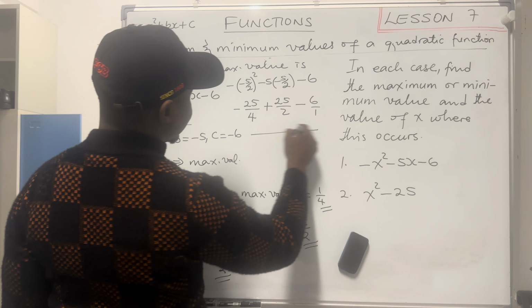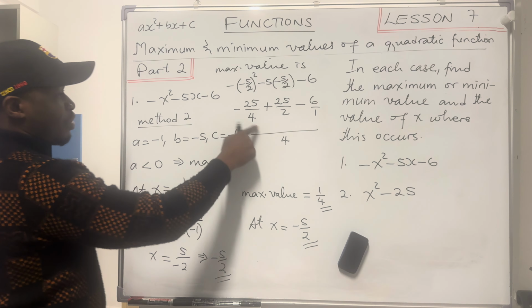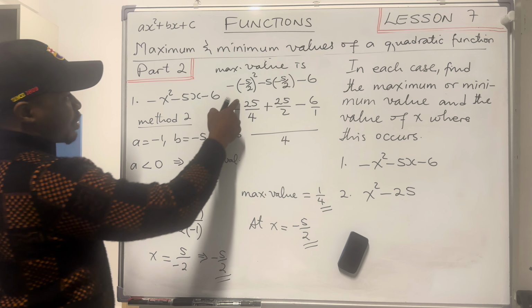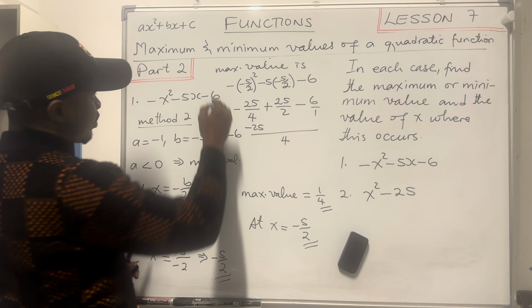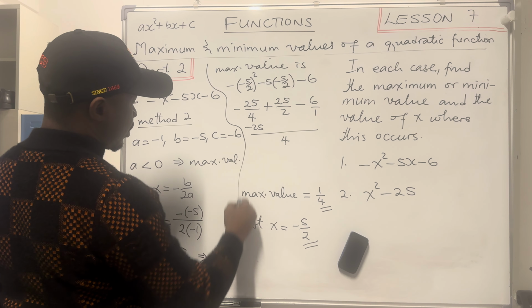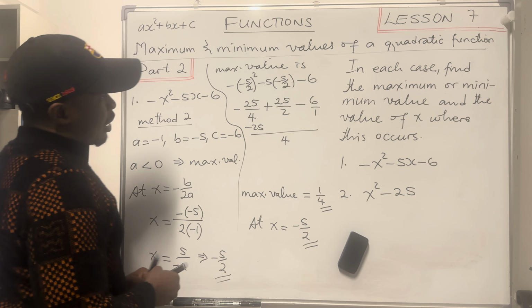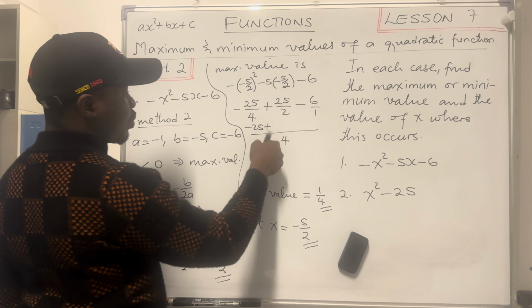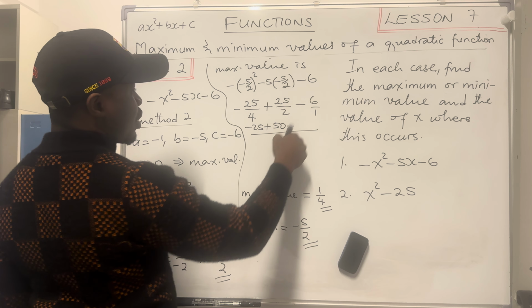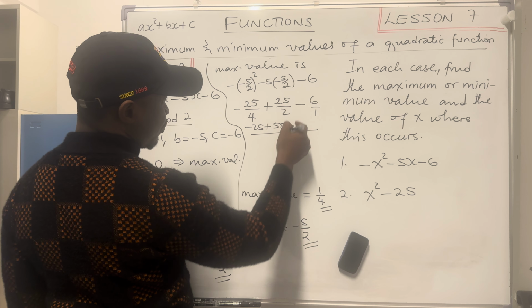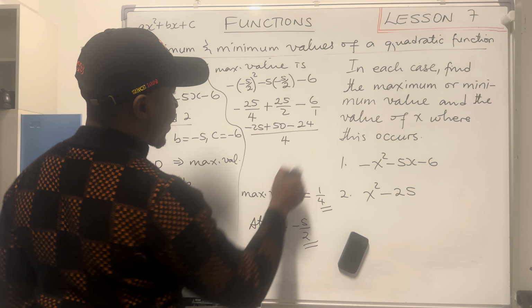So what is the LCM? It is 4. 4 into itself is 1, 1 times this minus 25. Plus 2 into 4 is 2, 2 by 25 is 50. 1 into 4 is 4, 4 by 6 is 24.